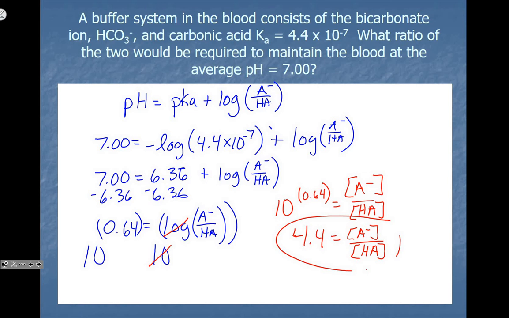So that should be my ratio. Okay, so as I'm setting up back in lab, it depends on how much I'm making, but the ratio always needs to be 4.4 of the base to 1 of the acid.